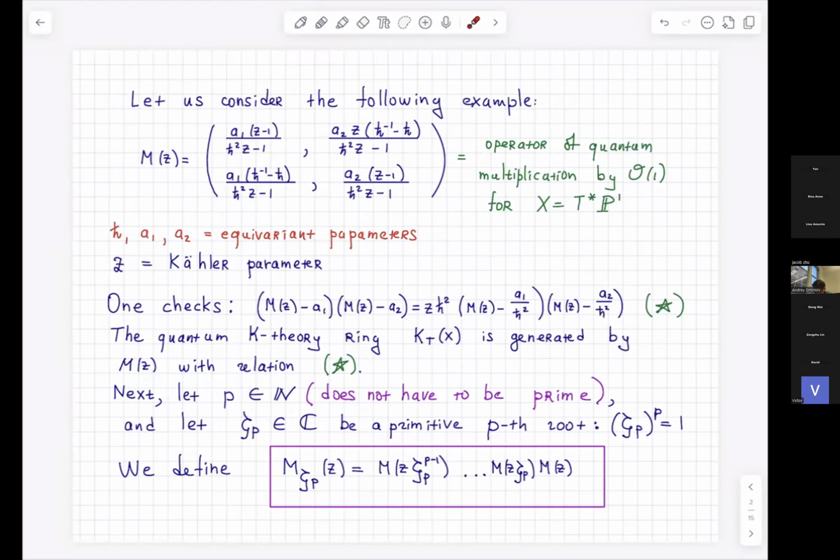It's much smaller. No, by primitive I mean that the order of this root is exactly P. So it's not true that a smaller power is 1. This is the root I want. I want a root of order P. Okay, thank you.